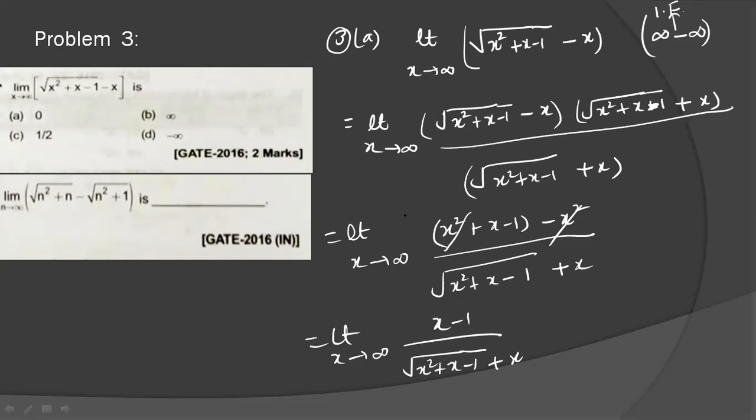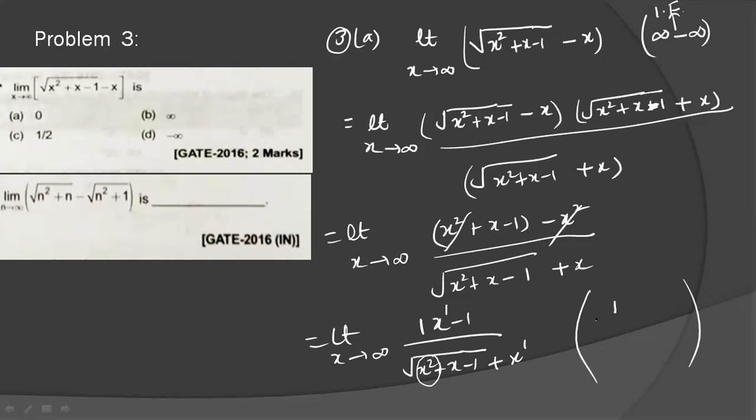Now see, this is the case I have discussed. The highest degree in the numerator is 1 and the highest degree in the denominator is also 1, because the under root of x square gives degree 1. In that case, I told you the limit will be the ratio of the coefficients of both.